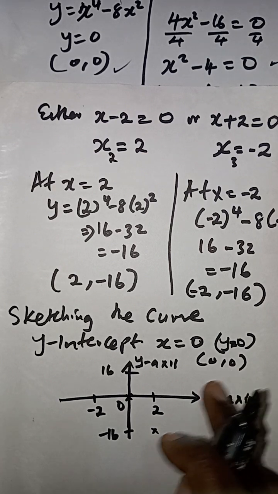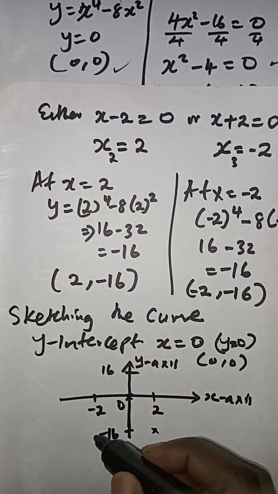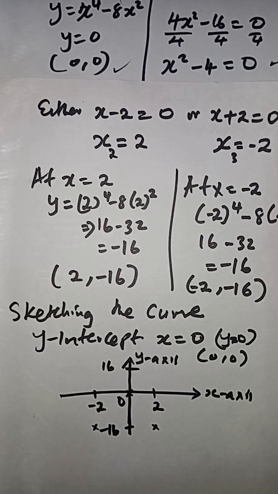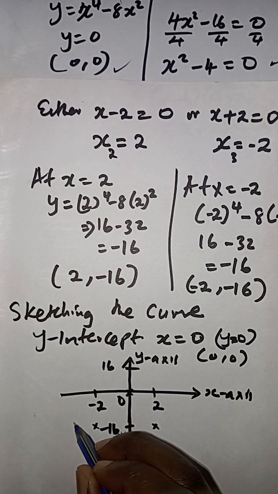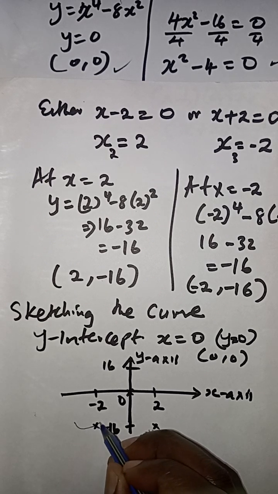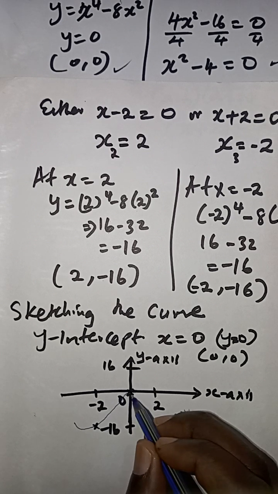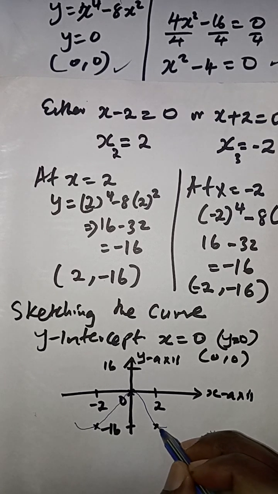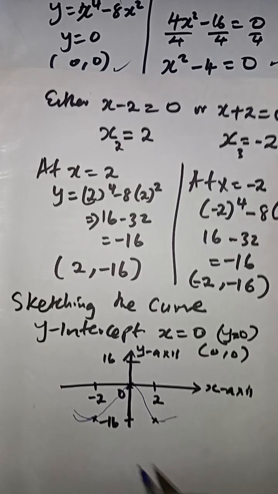And then the same curve is also turning at (negative 2, negative 16). Negative 2, negative 16 is there. Meaning, if I have to sketch it, this curve will turn there. Then it goes and turns there again. It comes and turns there, like that.